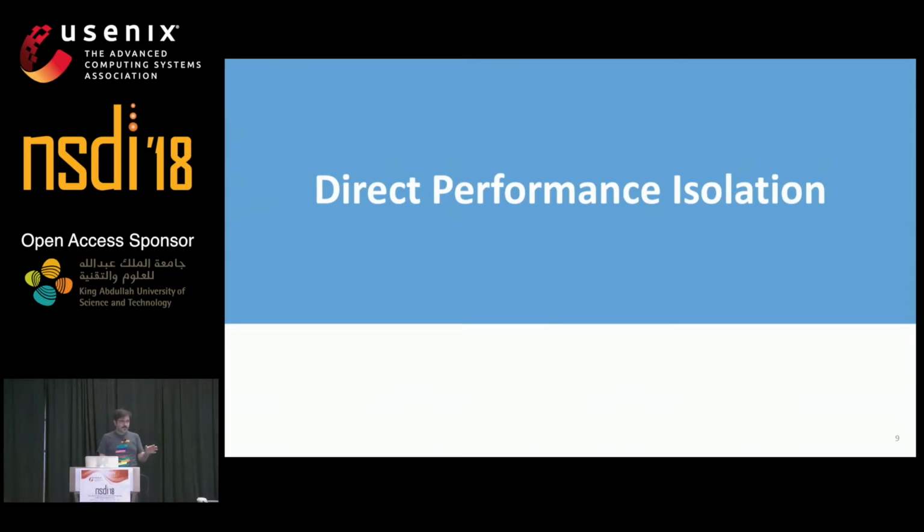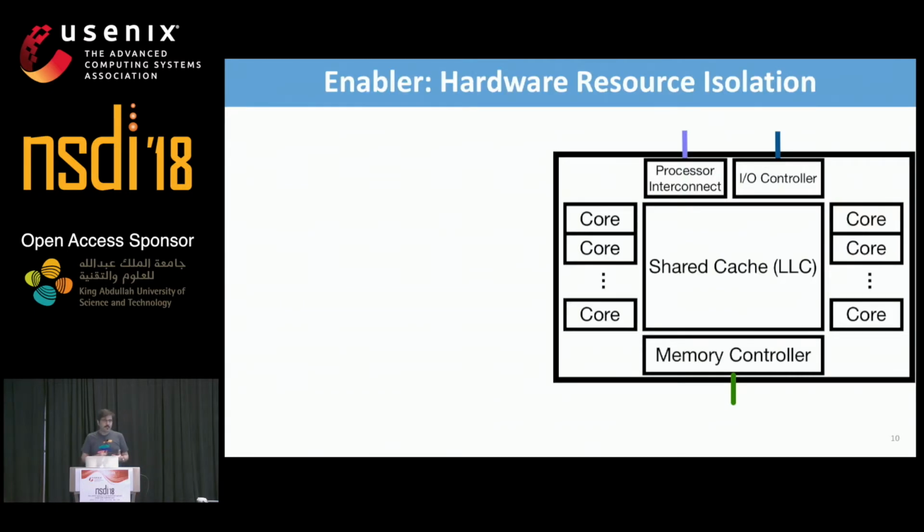So, direct performance isolation. First, let's look at the hardware feature I talked about. In CPUs today, starting from Intel Broadwell CPUs, there's an umbrella feature called RDT, Resource Director Technology from Intel, that includes sub-features. One of the first sub-features that emerged was Cache Allocation Technology, which enables control over the shared last level cache.